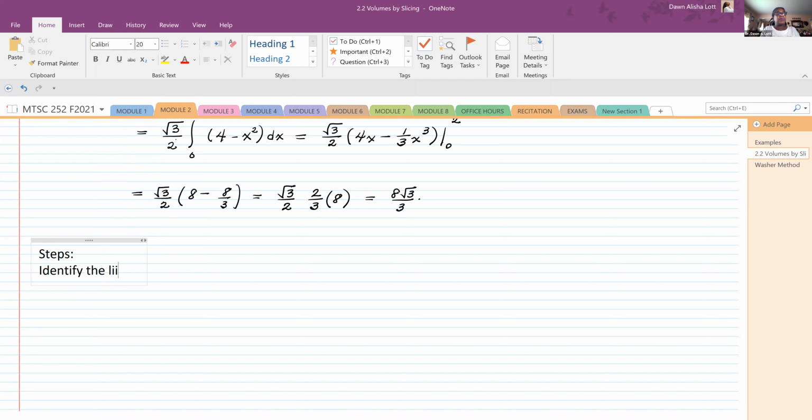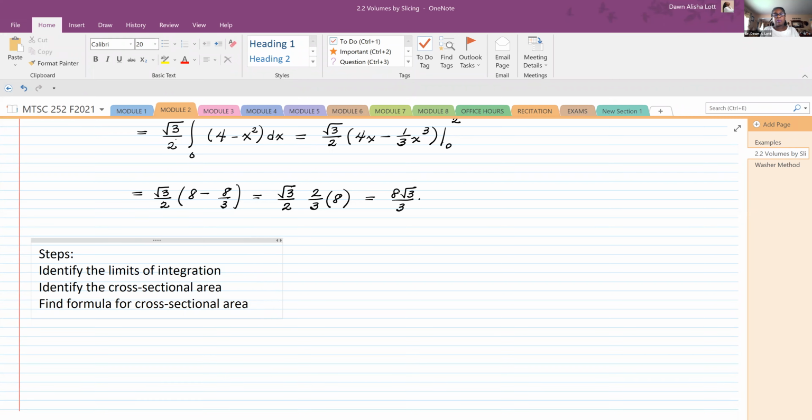Identify the cross-sectional area, then find a formula for the cross-sectional area, and then substitute A of x into the integral.